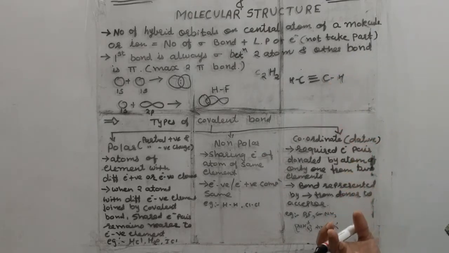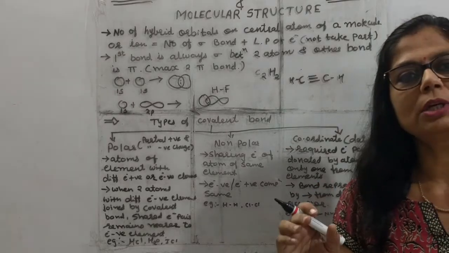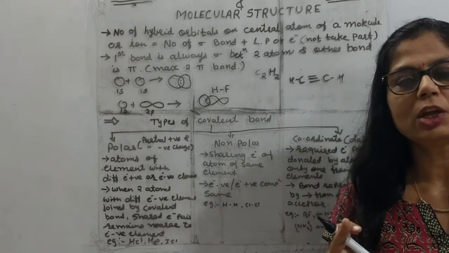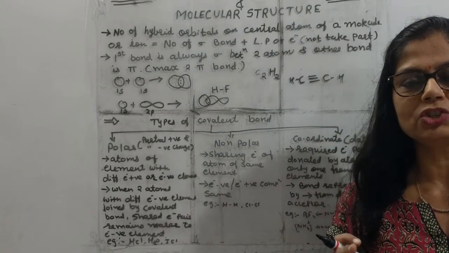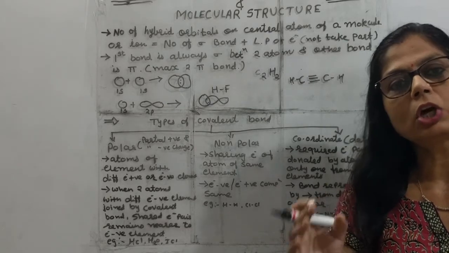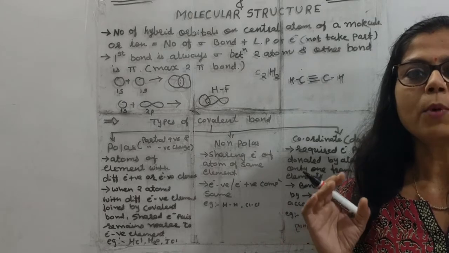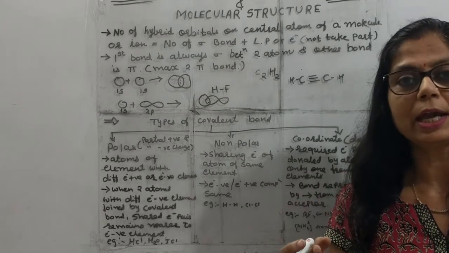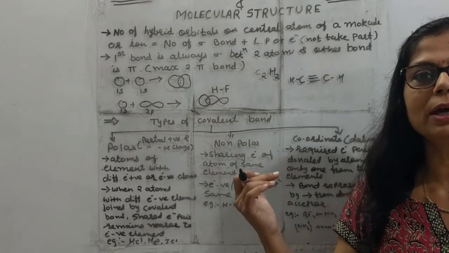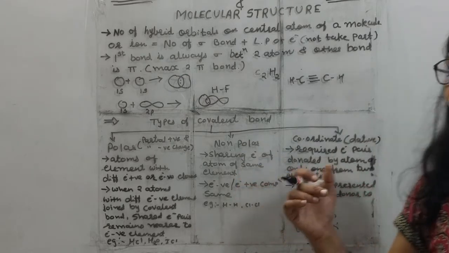In the last video I explained from the example of H2O: hydrogen and oxygen are bonded by sharing one electron from each, and oxygen has two lone pairs which do not take part in bond formation. So now you know what a lone pair is, and here we'll understand what a sigma bond is.